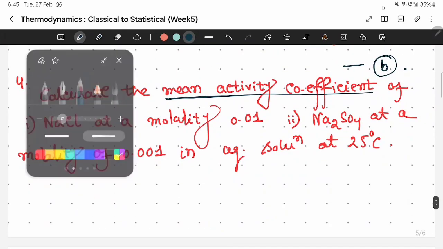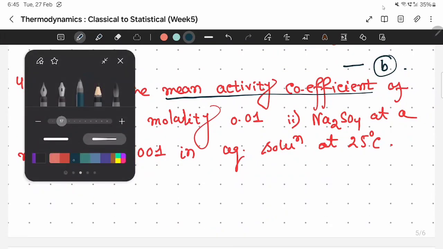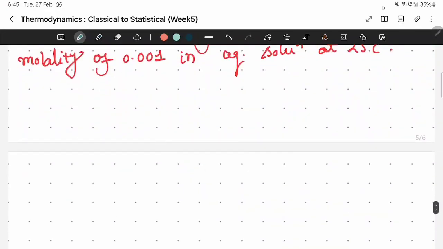That is gamma. In the last class we discussed the mean ionic activity coefficient, that is gamma plus minus. Again, a plus minus was the mean ionic activity, and how was the relation? This was related to the activity coefficient times concentration, like this.